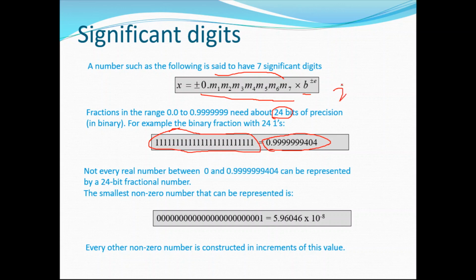You have to calculate 2 to the power minus 1 plus 2 to the power minus 2, all these terms up to 2 to the power minus 24. If you do all these things, this is what you will get.